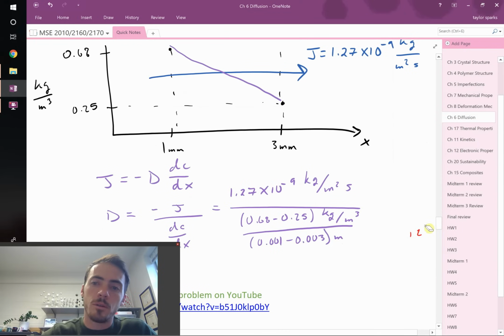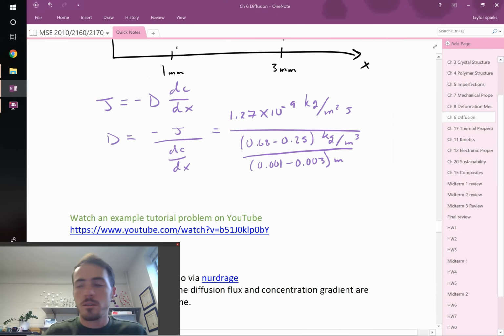It'll be helpful. All right, now we know we can go ahead and plug those in, and we're going to get an answer in meters squared per second. So I'm going to plug them in.